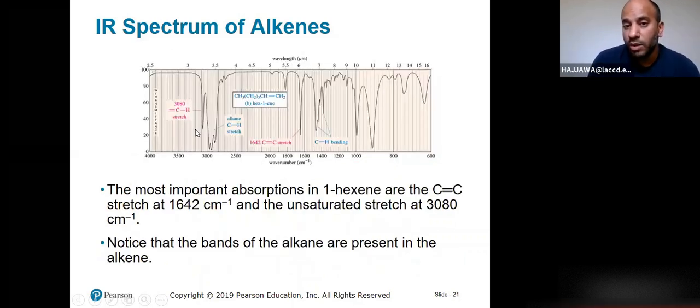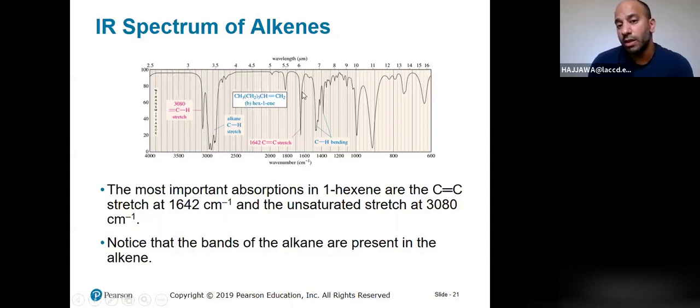Versus the C=C structure, I could see the hydrogen connected to the C=C reading above 3000. You can see it right there, it's 3080 reciprocal centimeters, while the hydrogens attached to the C-C single bonds are reading below 3000. In addition to this confirmation, I also have the C=C that reads around 1600. So that's the 1642. That is the alkene unit.